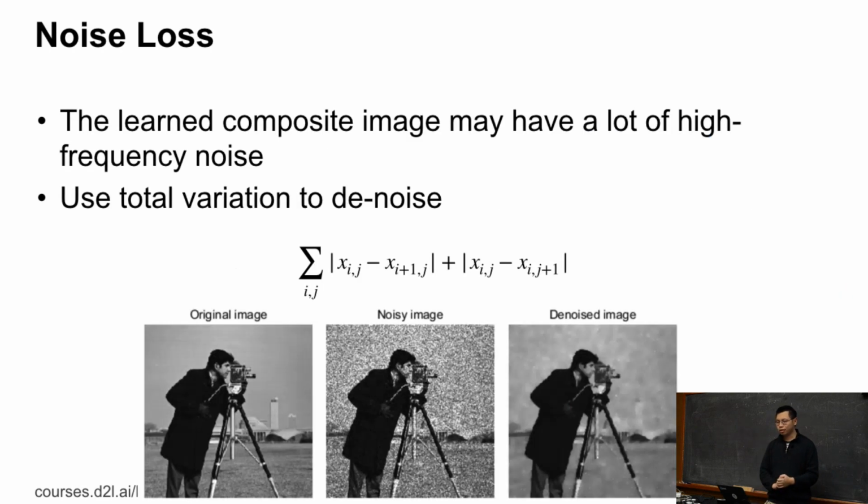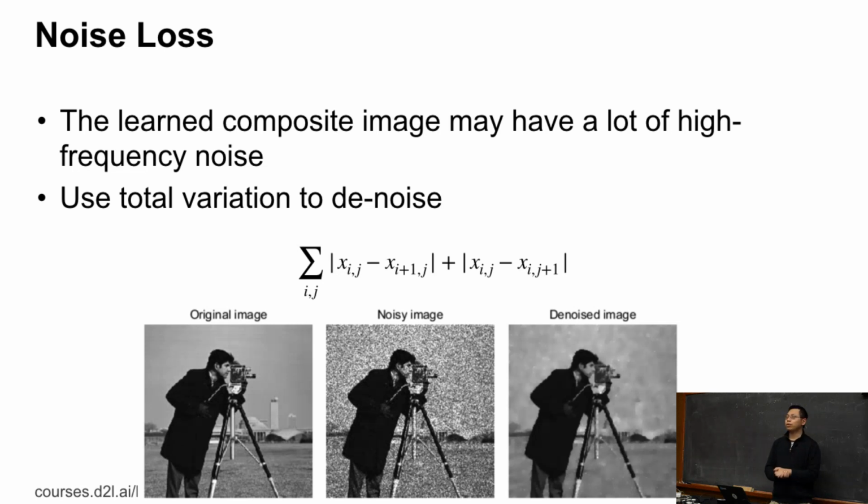The last thing is the noise loss. In computer vision, we have a thing called total variation. For each pixel x at row i and column j, we subtract the pixel one row below and the pixel one column beside, and take the absolute value and sum these together.